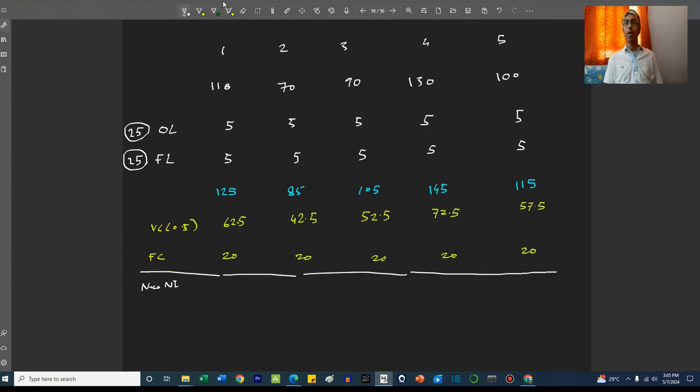this will be calculated as 125 minus 62.5 minus 20 minus 5 minus 5, right? So we do the calculations, guys. This comes to be 32.5.